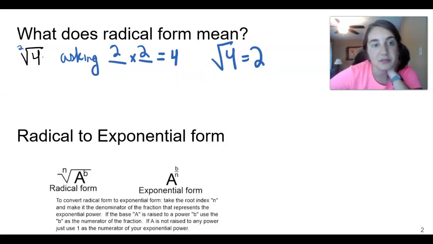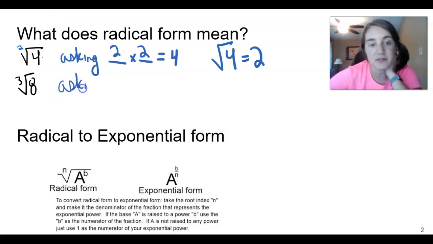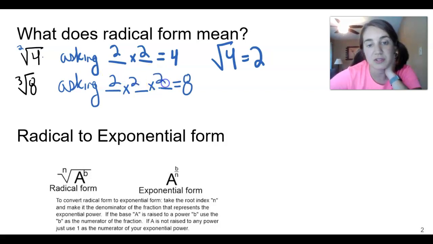If I gave you something like the cube root of 8, this is asking what 3 things, what times what times what equals 8. 2 times 2 times 2 equals 8.